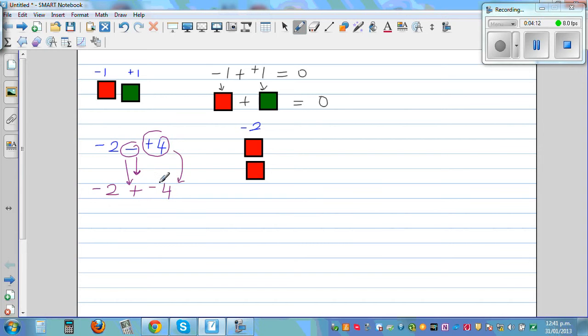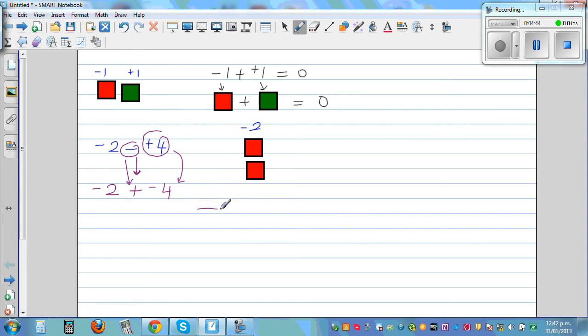You change the operation and you change the number that comes after it. From subtraction to addition, so this and this are one and the same. Here you're asking, what is -2 plus -4?